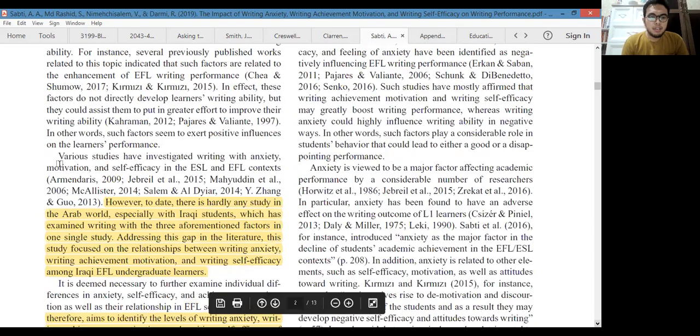They state here that various studies have investigated writing with anxiety, motivation, and self-efficacy in ESL and EFL contexts. There are so many previous studies here.